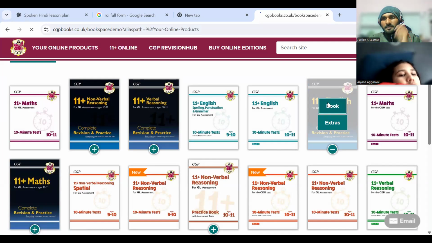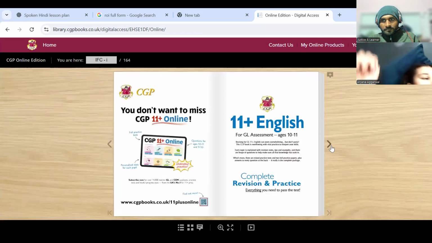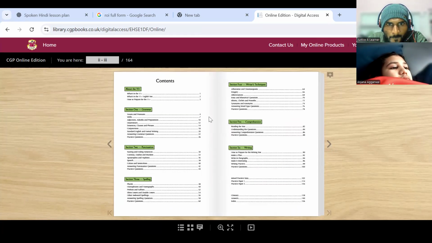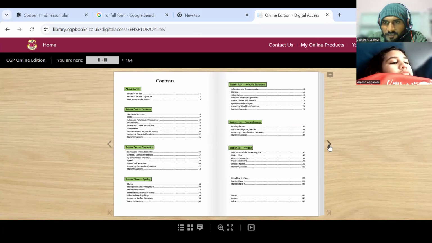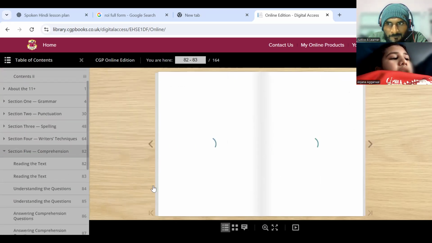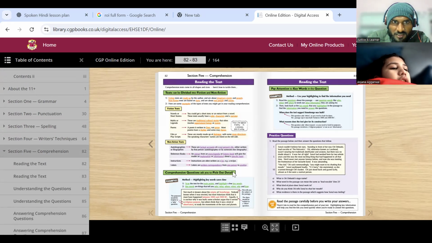Yeah. My mom's getting it. Page number 82. Did you get the book or not? My mom's getting it. Okay, I'm waiting. You can see the screen here.